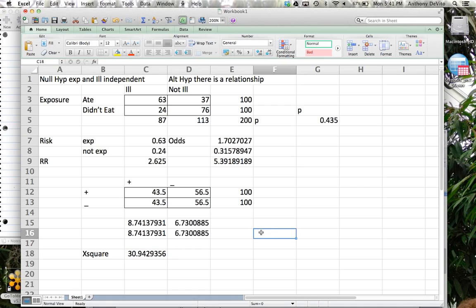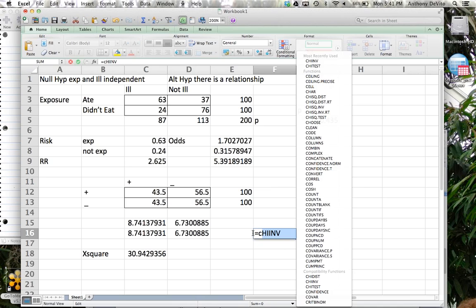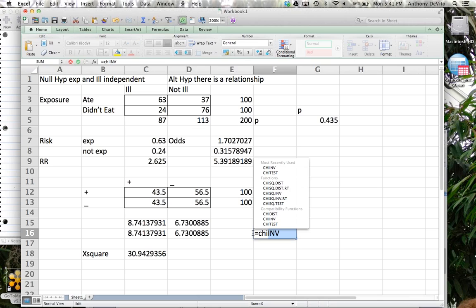Now, I just want to point out that there is a chi-square test built into Excel. You type equals CHITEST, parentheses.